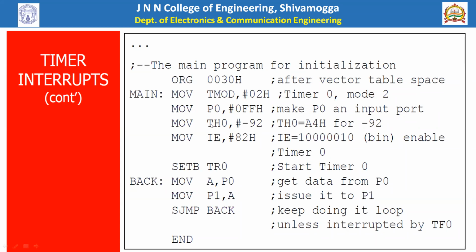You have to initially load the timer and configure port 0 as an input port. How do you configure port 0 as an input port? You copy FF to P0, then it will configure itself as an input port. Then enable the interrupt.